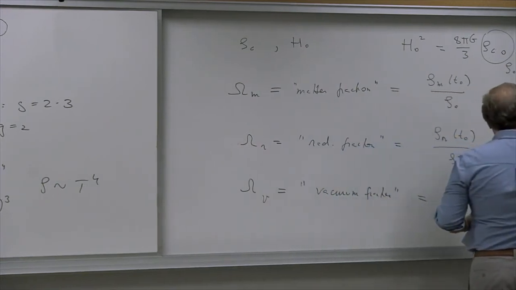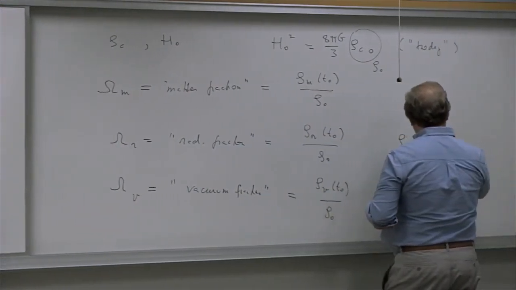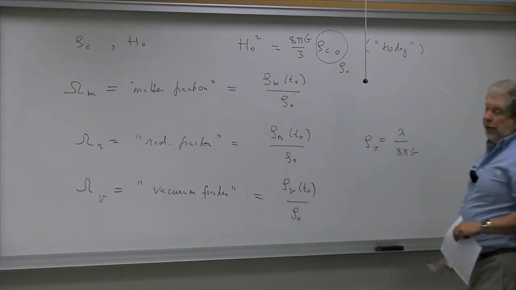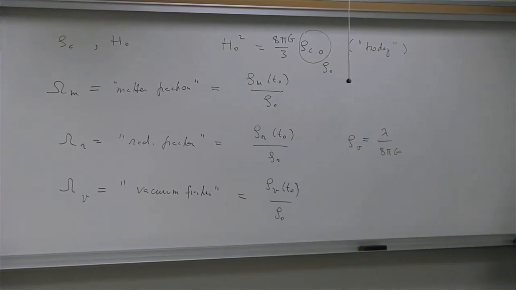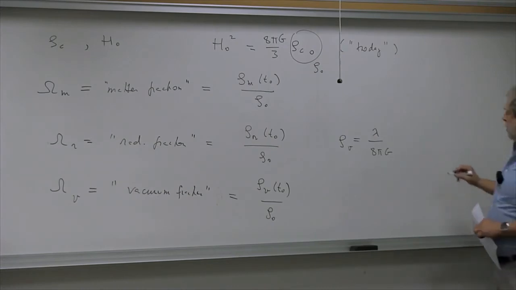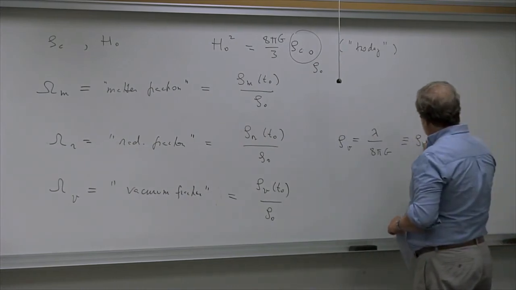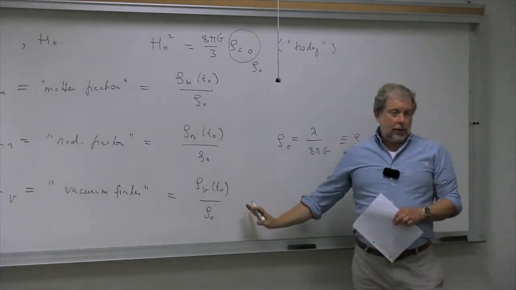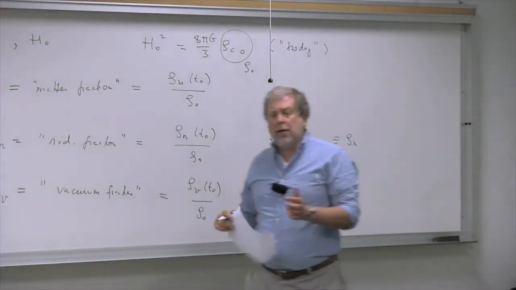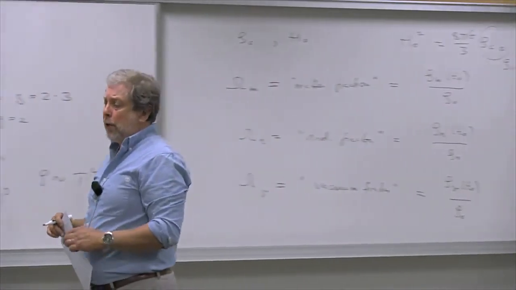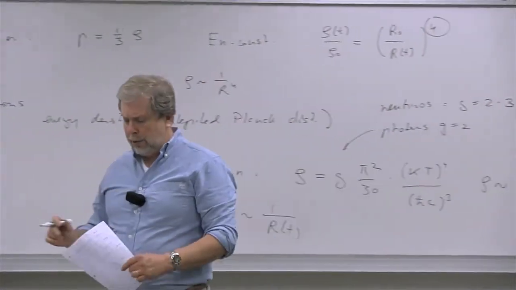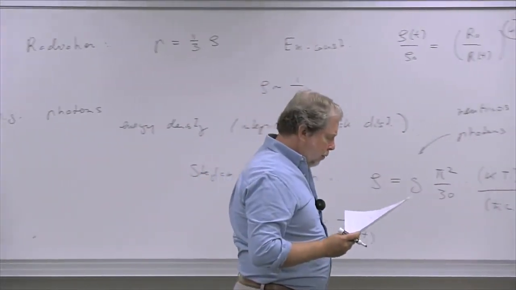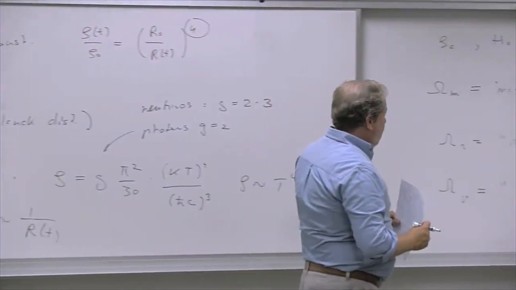Now you remember that rho is equal to lambda divided by 8 pi G. That was our vacuum energy. You can call it rho lambda, you can call it rho v. It's the same thing. So that is a constant, and this thing is supposed to stay constant, unless something strange happens and whatever they see as a lambda term turns out not to be a lambda term, but that could cause problems with general covariance.